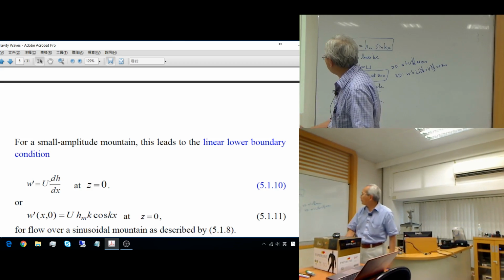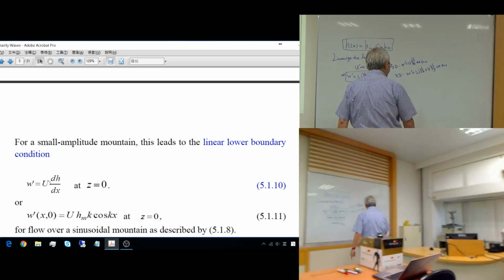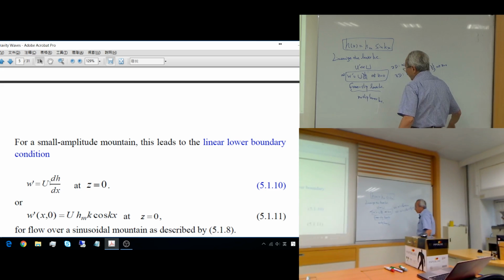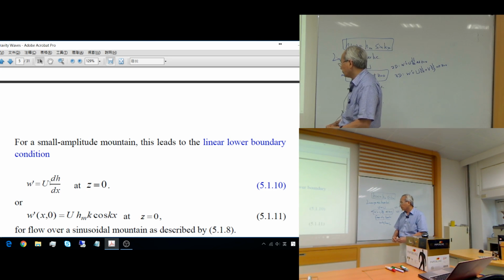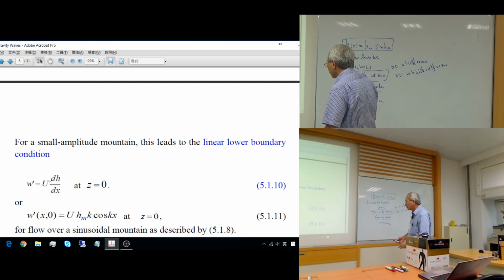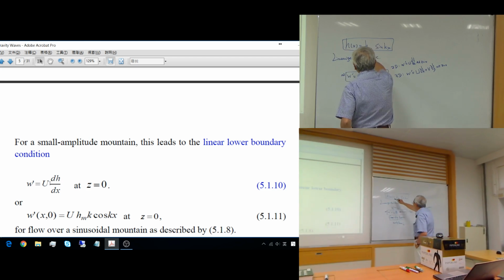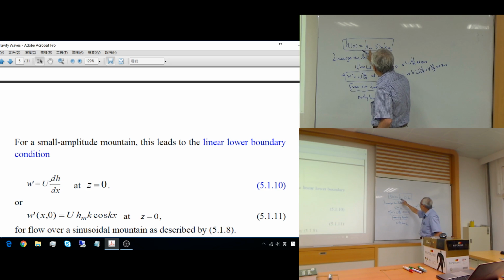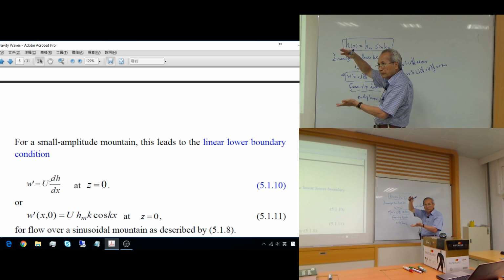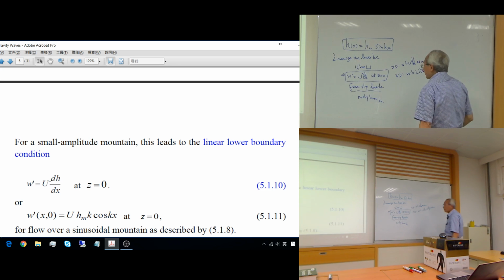Okay, so now once you have that, then h is equal to h_m. h_m is the mountain height.